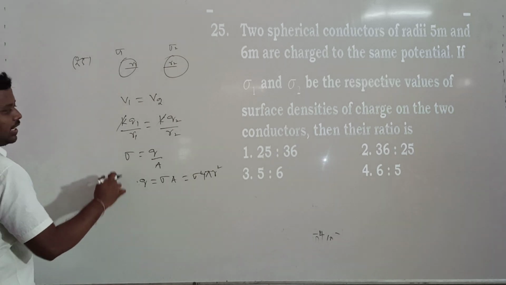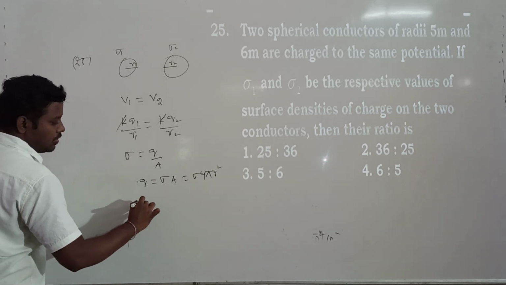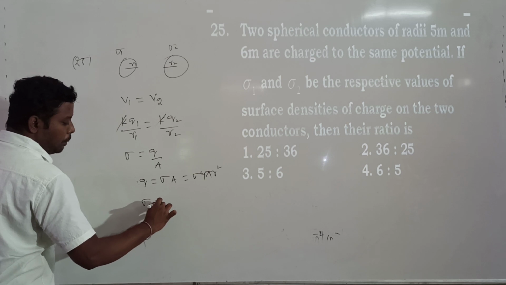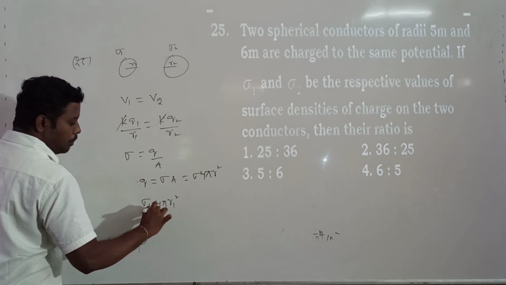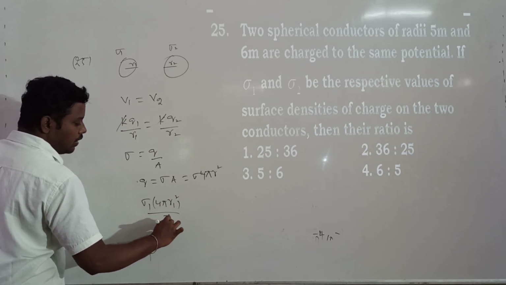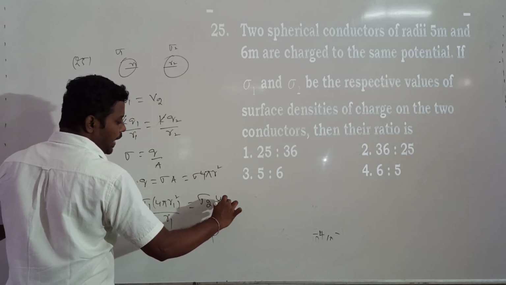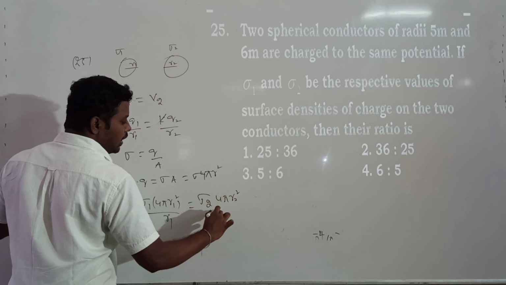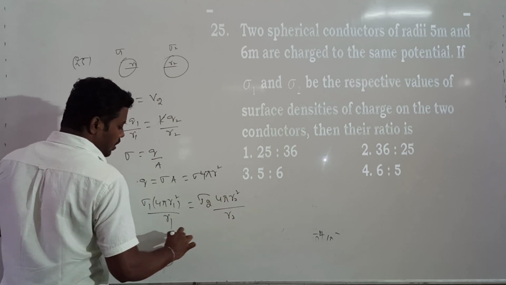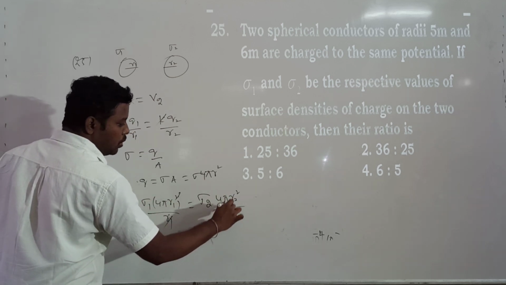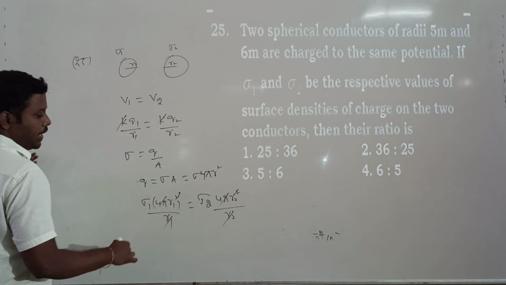If I substitute this here, what do I get? Sigma 1 into 4 pi into r1 square by r1 is equal to sigma 2 into 4 pi r2 square by r2. So r1 cancels, r2 cancels, 4 pi cancels.